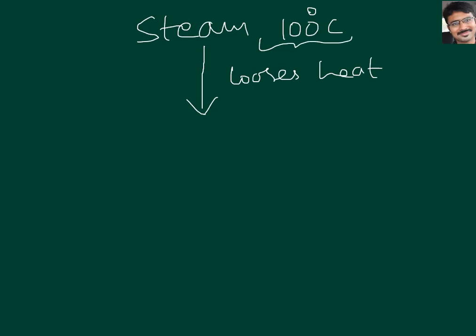So steam at 100 has to go a step like this, to water at 100. When steam at 100 loses heat energy, it has to go for change of state, because steam exists only at 100 or above. Below 100, steam will convert to water. During change of state, steam to water, the temperature will not change.